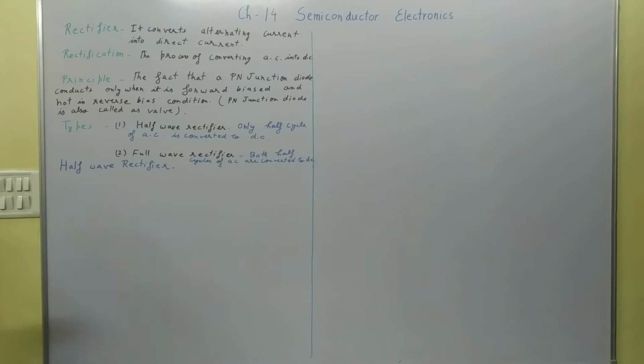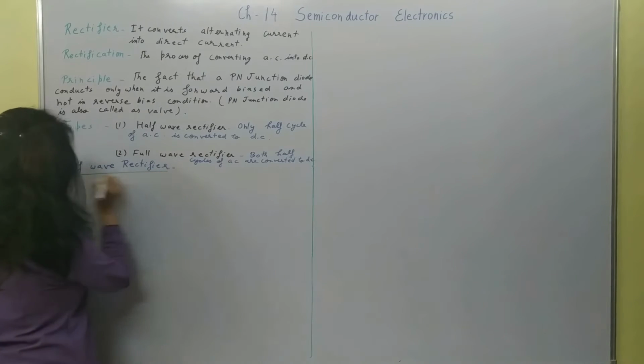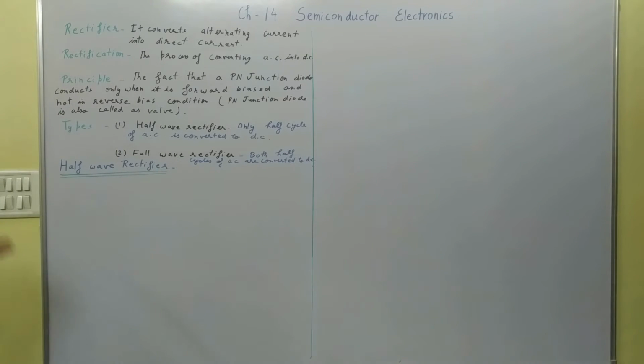Now we have to discuss the half wave rectifier in this video. This is the rectifier which converts only the half cycle of alternating current into direct current.